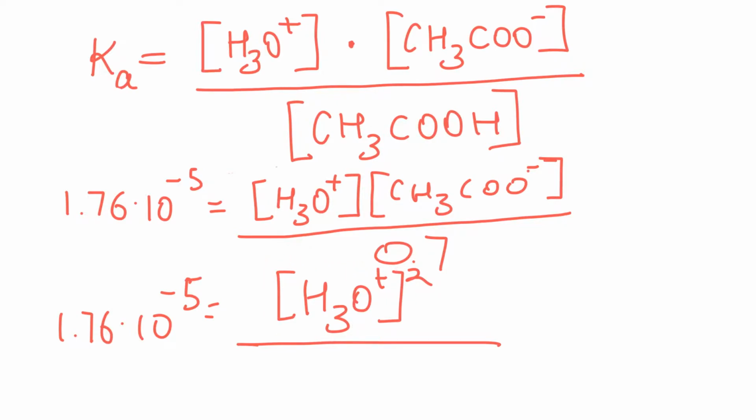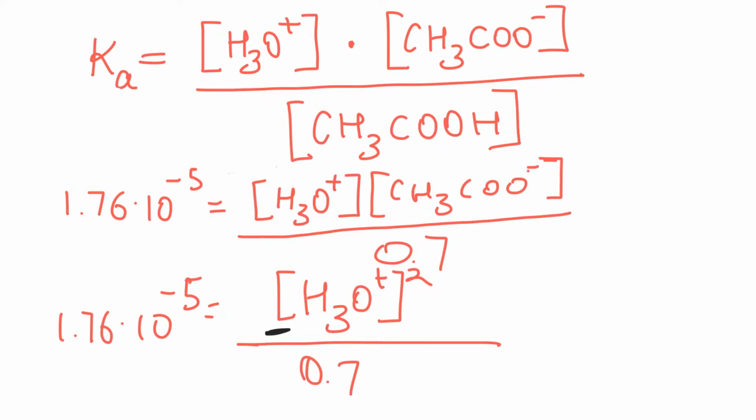And obviously on the bottom, I still have my 0.7. Now essentially by doing this, what have you achieved? You have achieved an equation with only one unknown, and that unknown is your concentration of H3O positive, which is eventually what you need to find your pH, right? Which is what you're ultimately after.